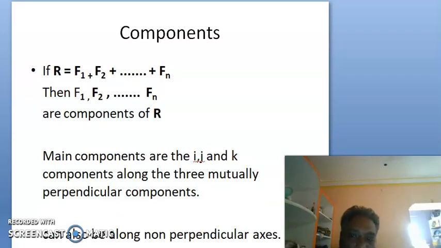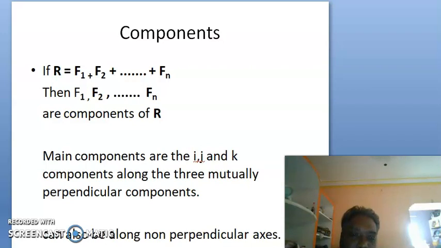Components of force. If R is equal to F1 plus F2 plus F3 and so on up to Fn, then F1, F2, F3 and up to Fn are all the components of the resultant, whichever directions they may be. But these types of random directioned components are not so convenient for any usage.